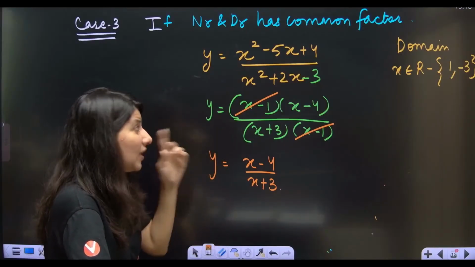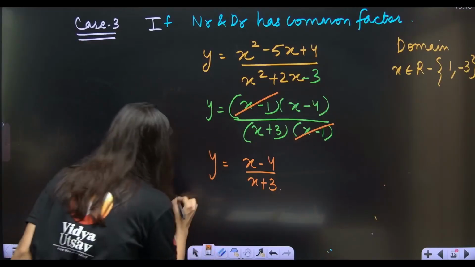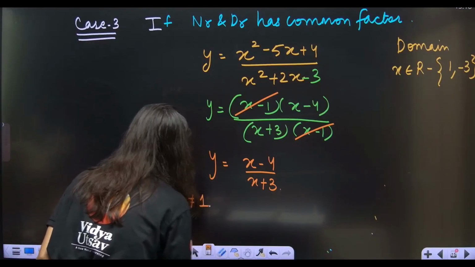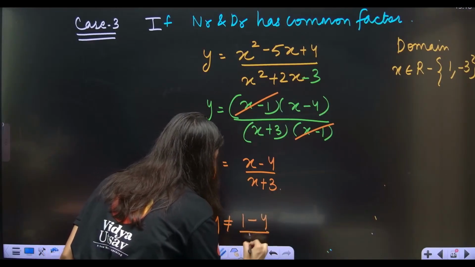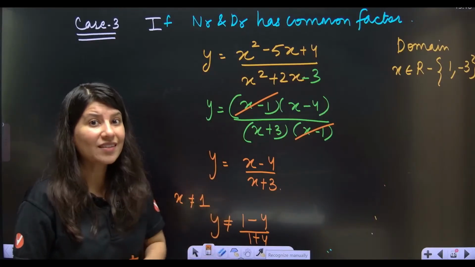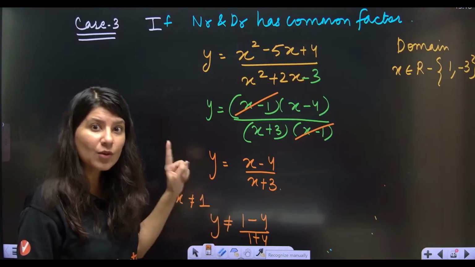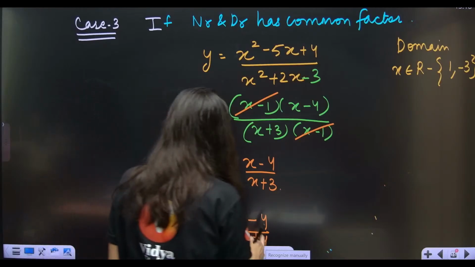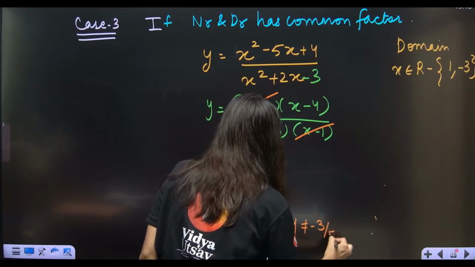So now you put x equal to 1 and check, since x is not equal to 1, y can never be equal to 1 minus 4 upon 1 plus 3. Since you can't put x equal to 1, you can't get that value. Whatever value of y you get at x equal to 1, you have to reject. So this is minus 3 and this is 4. So y can never be equal to minus 3 by 4.